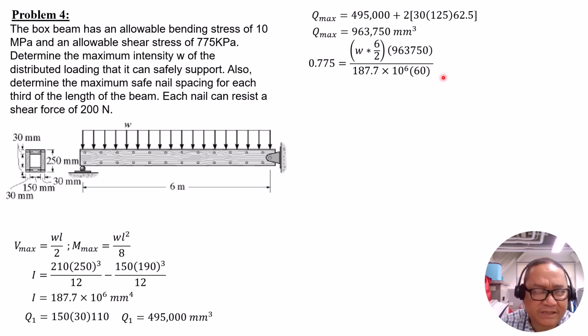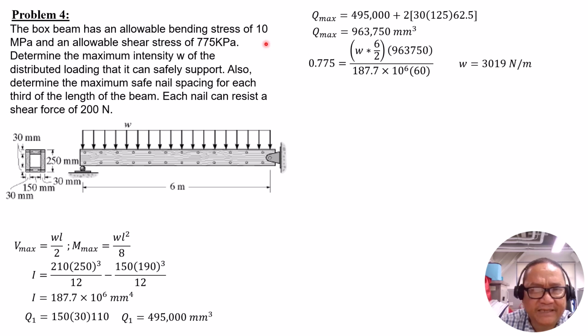The critical shear section, the section crossed by the neutral axis, is 30 plus 30, which is 60 mm. The total t is 60. Solving for W, W is 3019 newtons per meter.